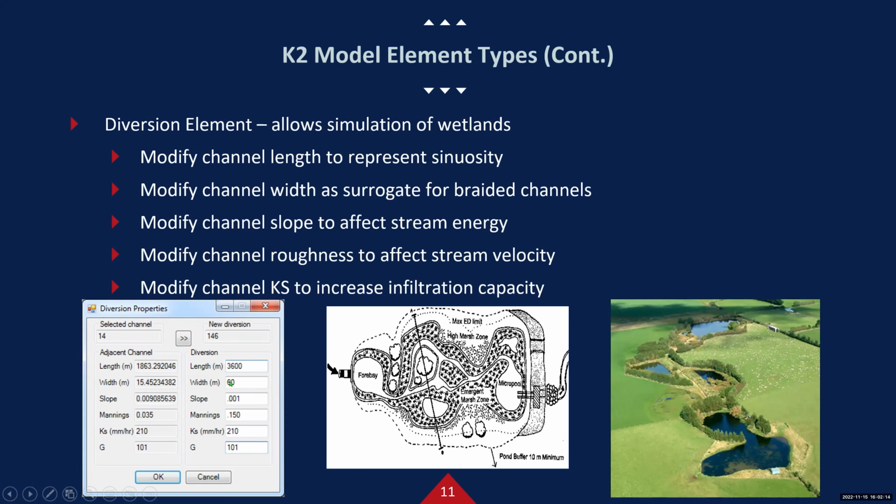So we're going to make it wider, we're going to make it longer, we're going to decrease the slope, the hydraulic roughness in the Manning's n is going up, so it'll be much slower, and we can either change or maintain the hydraulic conductivity and the suction terms. So again, this is a handy way to try to represent these cases, which frankly are much more common in more humid regions.